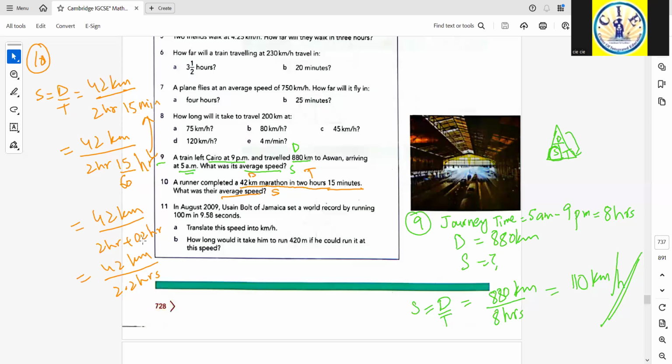So we need to divide them. 42 divided by 2.2, which is 19.09.